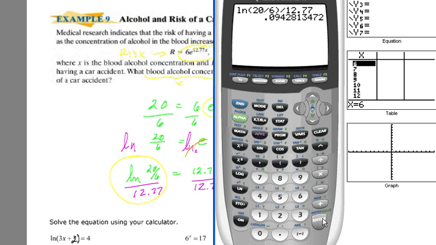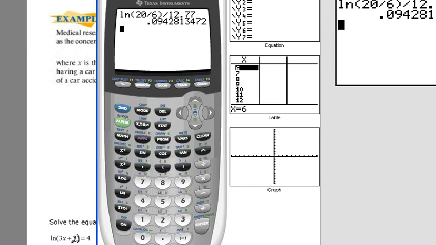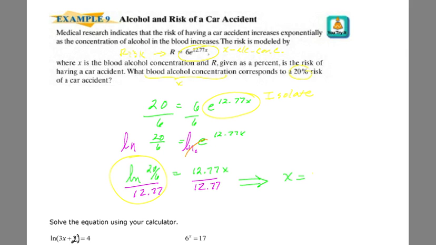That's 0.09. So if your blood alcohol concentration level is 0.09, then you are at a 20% risk of having a car accident. And you can kind of play this game for different levels, for different risks, or for different blood alcohol concentration levels.